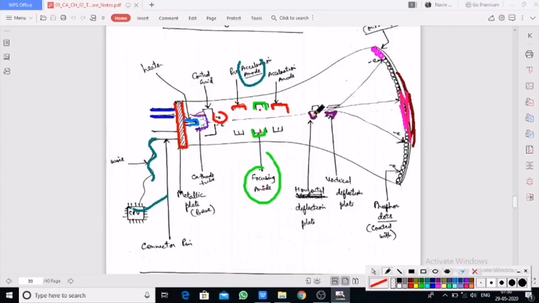So here are the deflectors, horizontal and vertical deflectors. The two deflectors give it position, where to hit, which portion to hit. See, the electron beams are going here, then here, right?